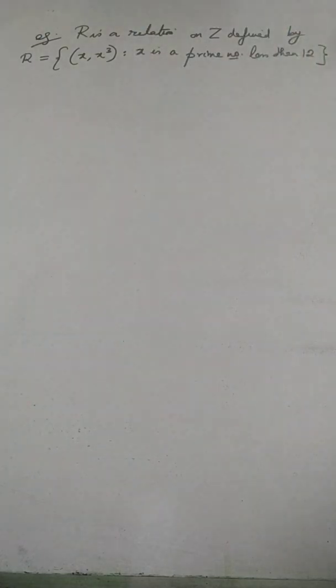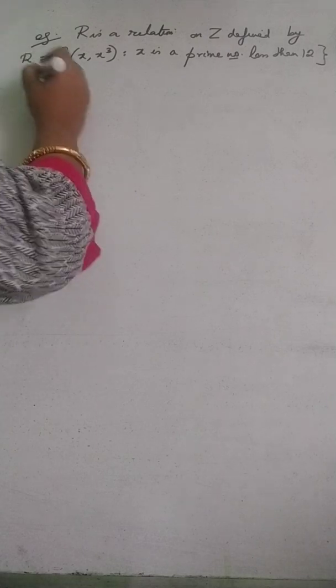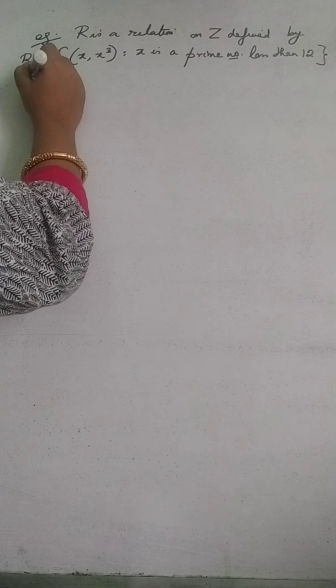I'm repeating. R is a relation on Z defined by R equals x cubed such that x is a prime number less than 12. You have to find R.